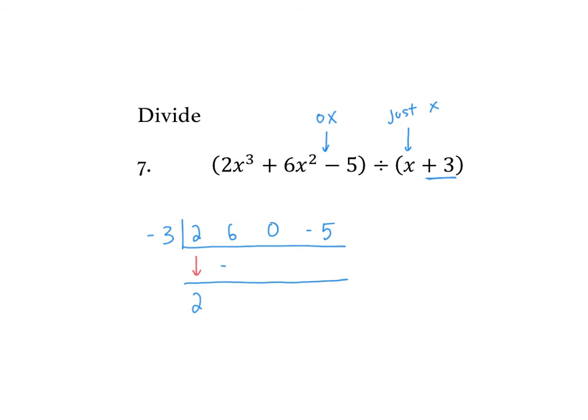Anytime you multiply, you multiply by this number out front, by the new number that comes down here. So this 2 just came down here, so we'll multiply it by negative 3, and we'll get negative 6. And then once you get a number in this middle row, you always add these two, and that goes here.